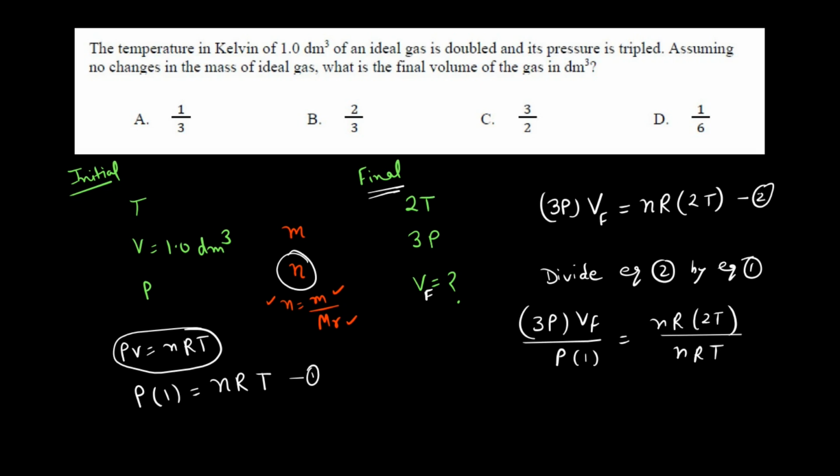What we see here is that P cancels out, nR cancels out, and T cancels out. So we are left with VF, the final volume, equals 2 by 3. So this is the answer, option B. Option B is correct.